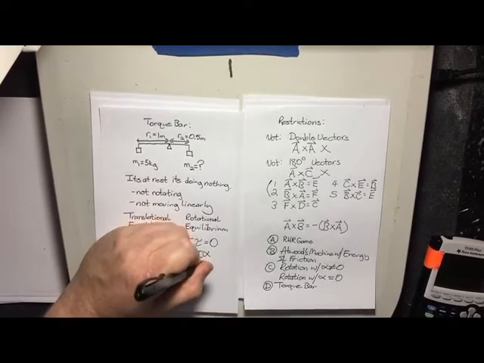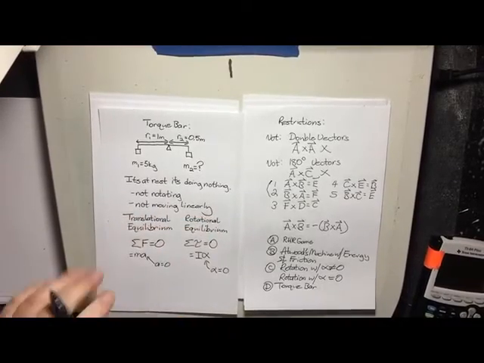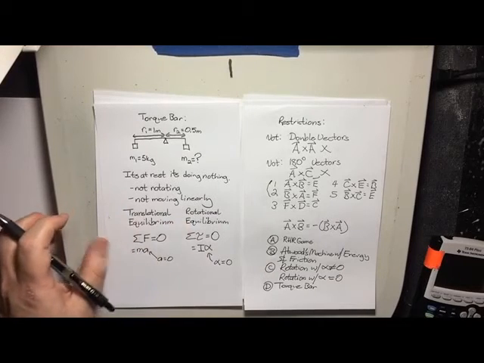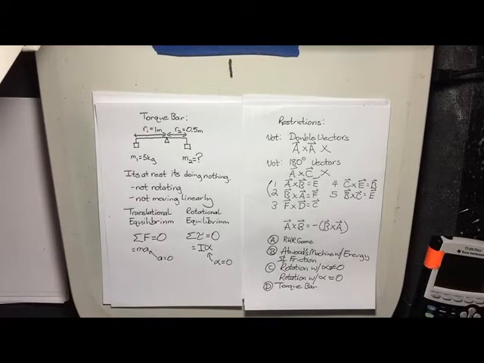And if the sum of the torques is equal to 0, that alpha is equal to 0. So by it not doing anything, you can say with certainty that it's not moving up or down, and it's not rotating clockwise or counterclockwise.